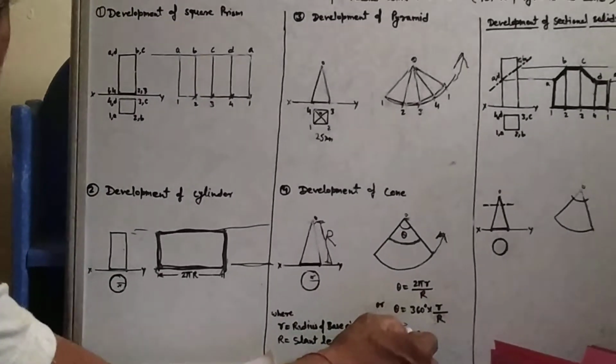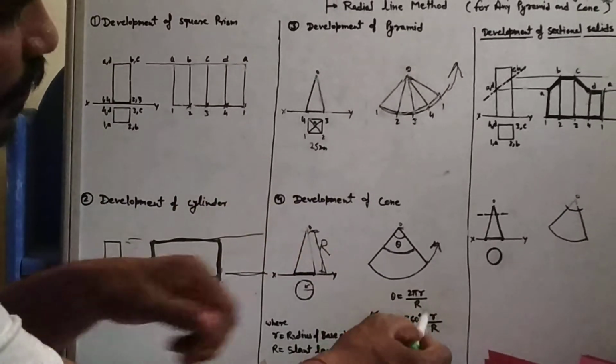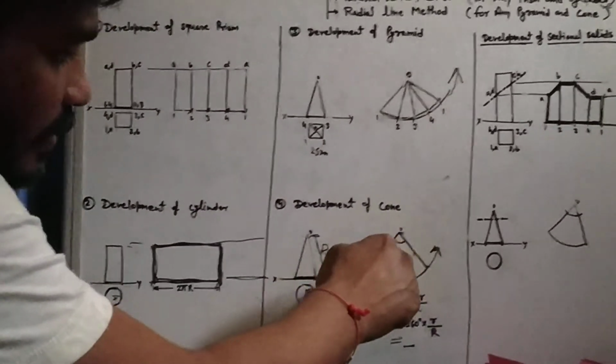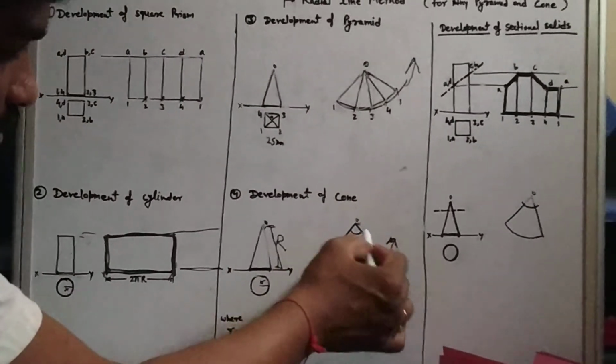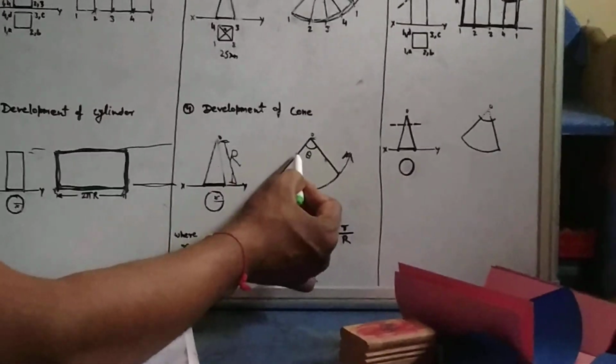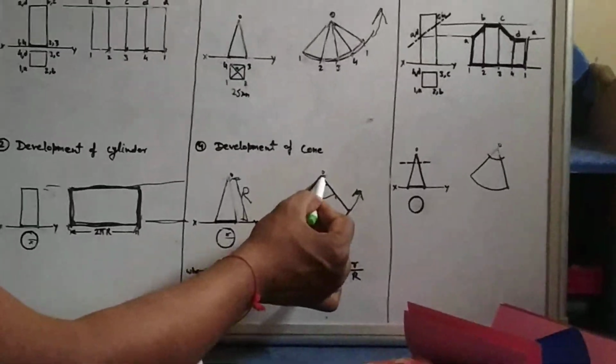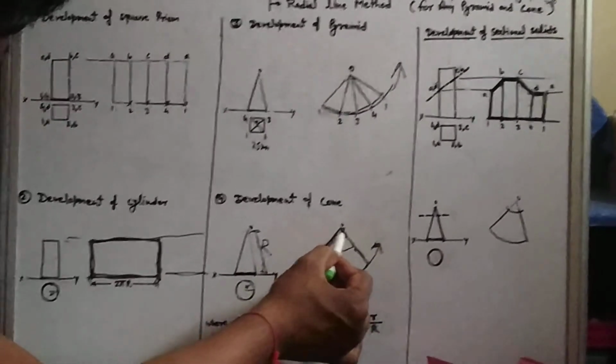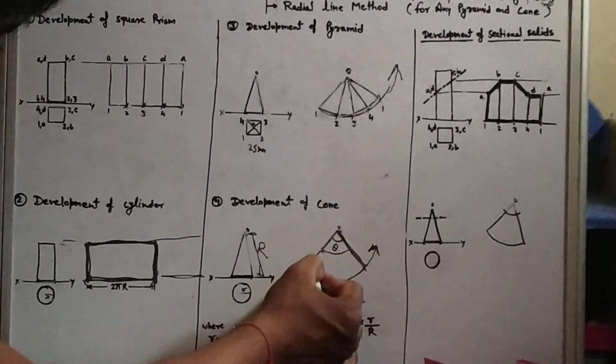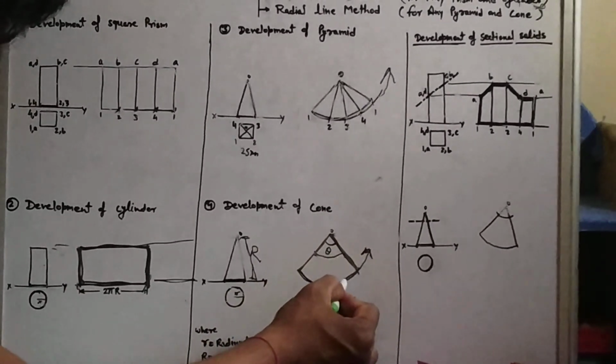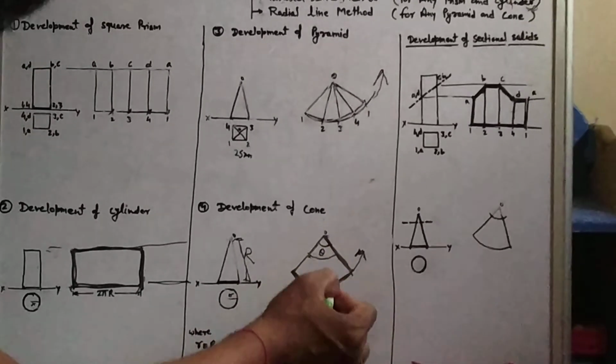Suppose 120 degrees or 100 degrees, whatever it comes, that is theta. Suppose you are getting 110 degrees. After 110 degrees, you just close it. Now you have developed the surface for this.